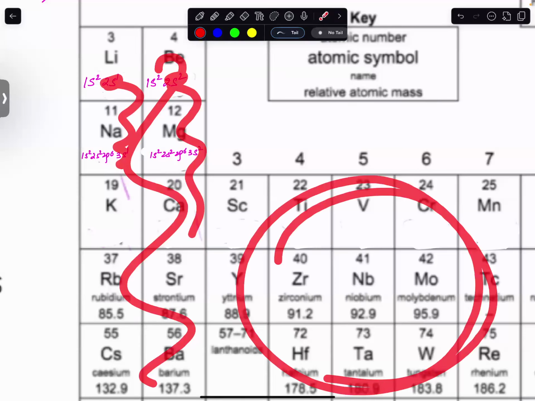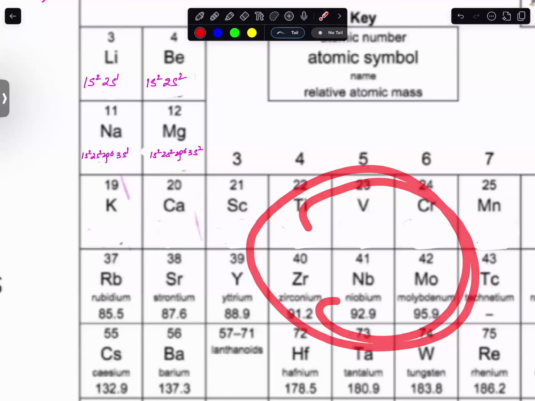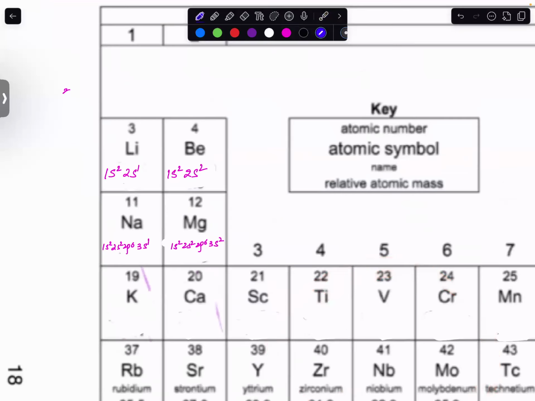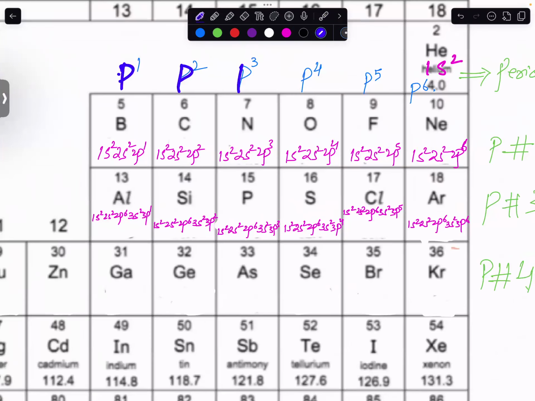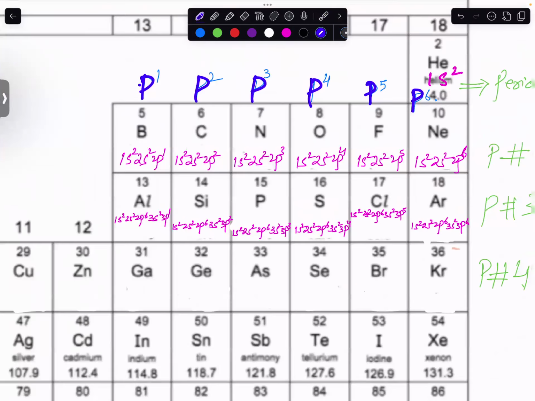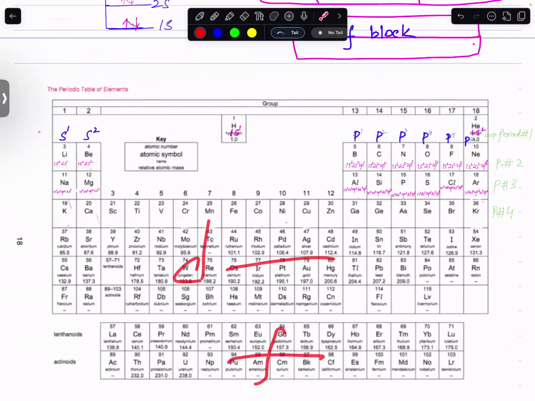And there comes d. These are d block elements. So what is at the end? s1, s2, and p1, p2, p3, p4, p5, and p6. These are called d block. These are called f block.